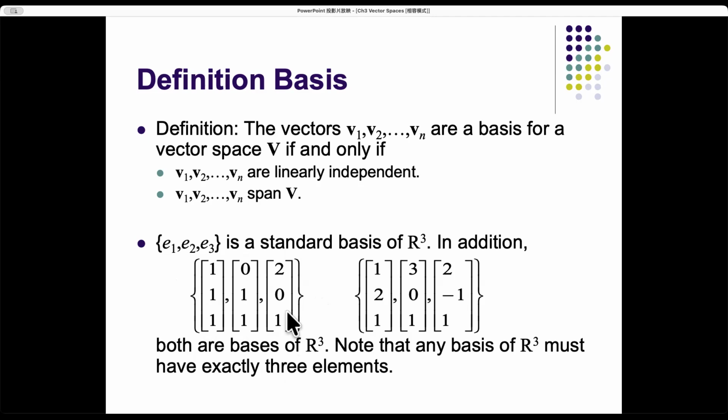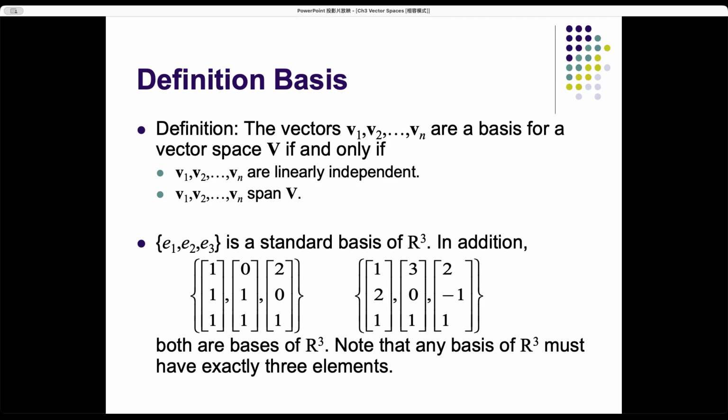We talked about this: basically you just verify this. If you consider these three column vectors as a matrix, you just check if the determinant of the matrix formed by these three column vectors is non-zero.